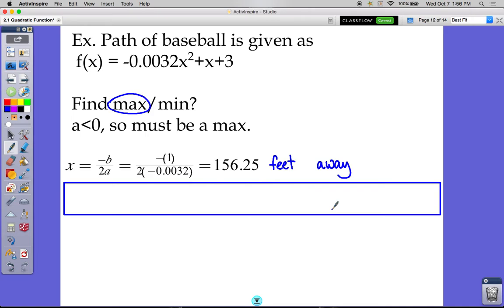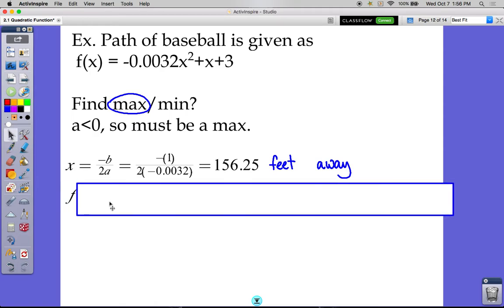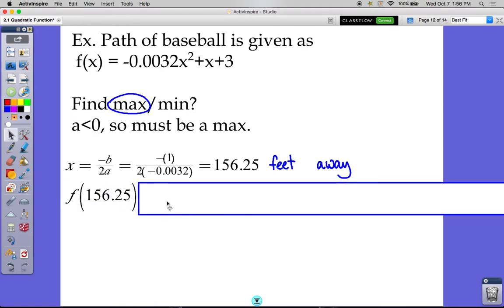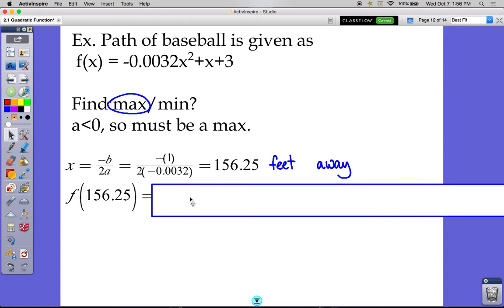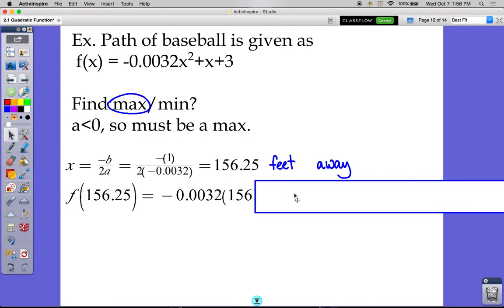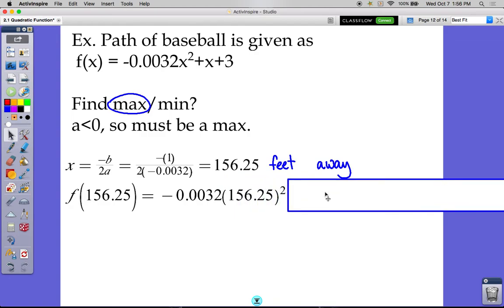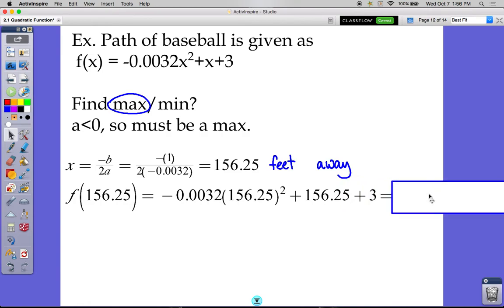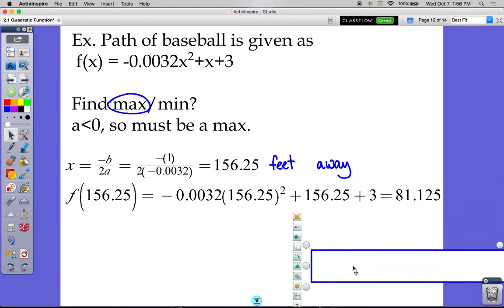It does not tell you the max height. To find a max height, what do we do? We plug it in. We find the y value. Remember, y, vertical, by plugging in the x. Plug that into this really weird equation and then square it, right? It's just getting worse and worse, and then we add 3. The number's not too bad.